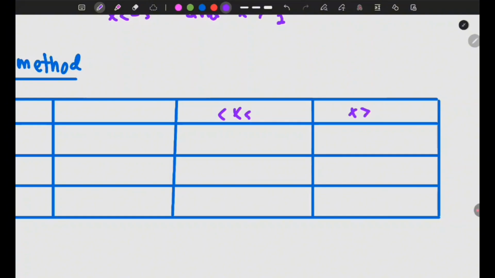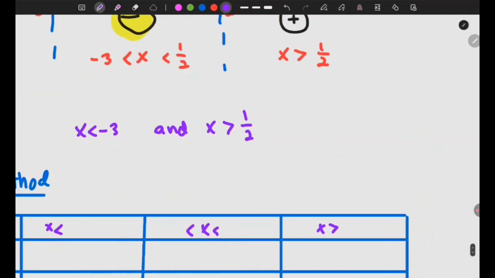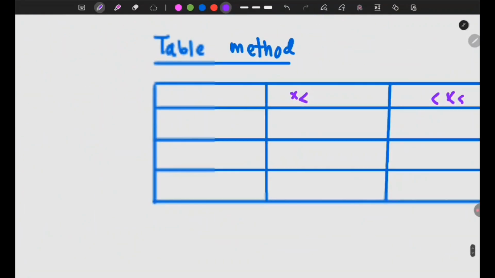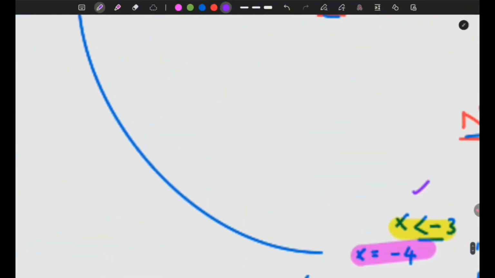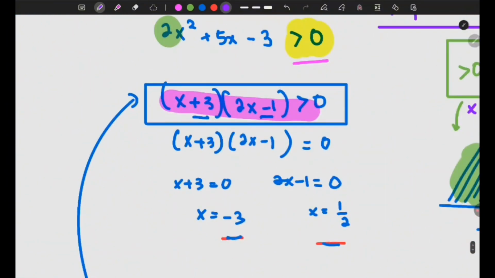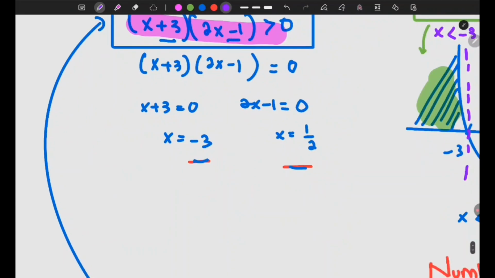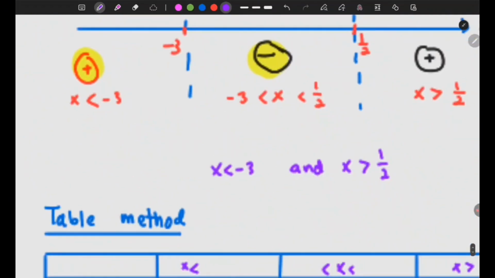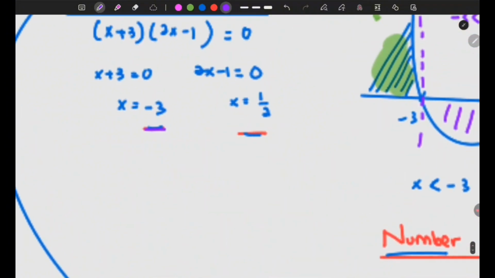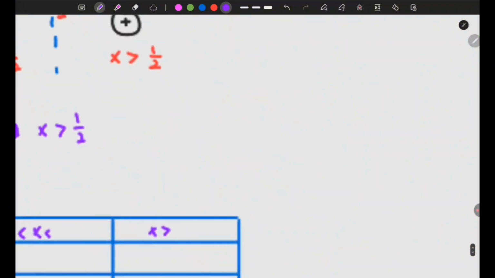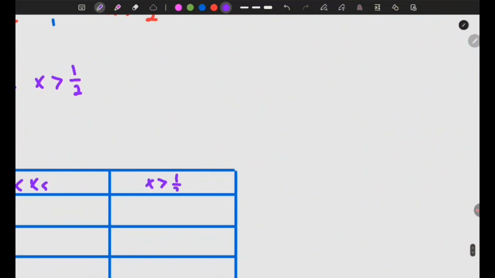And what you put inside there are the numbers from factorizing. If you take out the positive 3, you will get negative 3, right? That's what you put here. And 1/2 is bigger, so you put it here. And here is in between, so negative 3 and 1/2. It's the same thing, right?